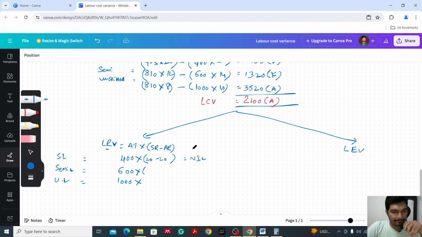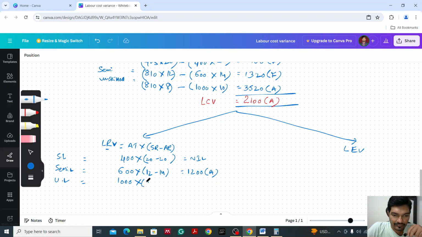Similarly, for semi-skilled labor, the standard rate is 12 and the actual rate is 14. We are getting a negative value, so we should call it adverse, A for adverse.